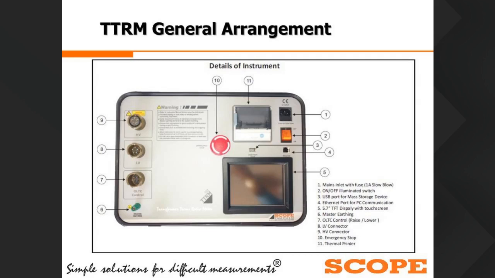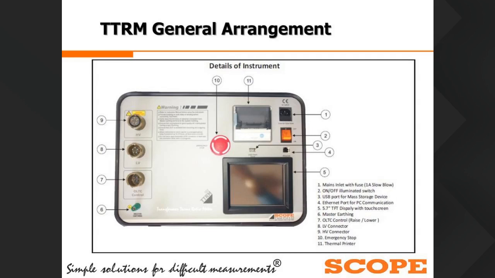Then we have provided a master earthing port. Then an emergency stop button, so if you want to stop the test in an emergency case, we can easily stop it. Then a printer option to print out the results for future use.